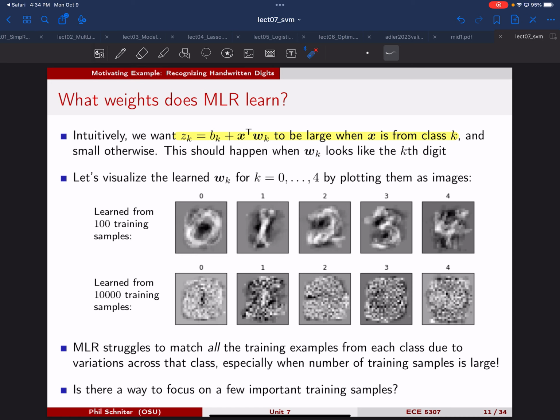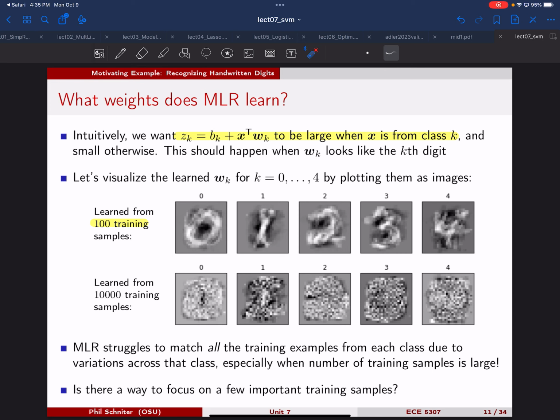What's interesting is when you do this with 100 training samples, so we only train with 100, and you plot the weight vectors for class 0, class 1, and so on, you can actually see the images sort of in there. So this really does look like a 0.